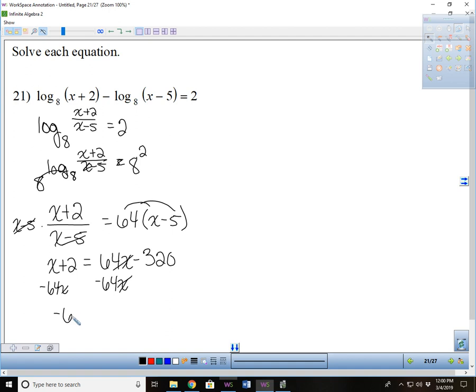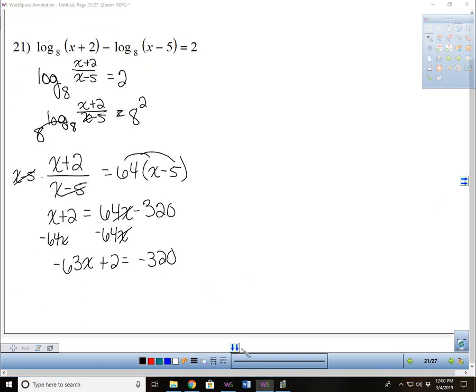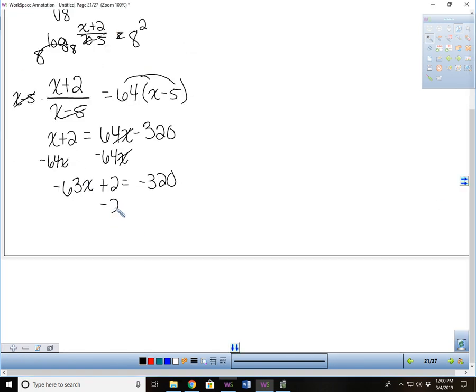So that's going to give me negative 63x plus 2 equals negative 320. So I'm going to go ahead and subtract the 2. So I get negative 63x is equal to negative 322. Then I need to divide by the negative 63.